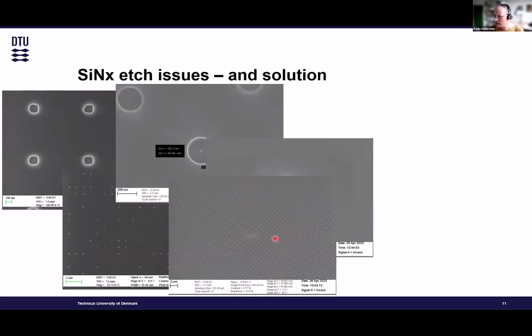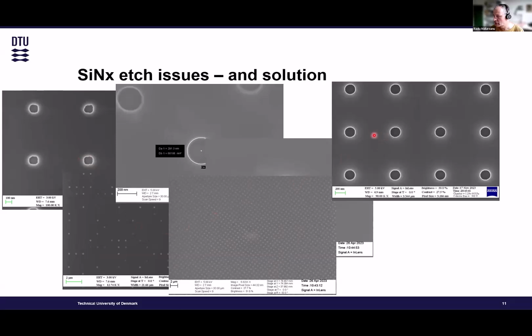The problem ends up being the etcher that we were using. So as soon as we changed to a different etching machine, a different recipe, a bit more advanced, but also more controlled, then all of a sudden we have some very nice silicon nitride holes.